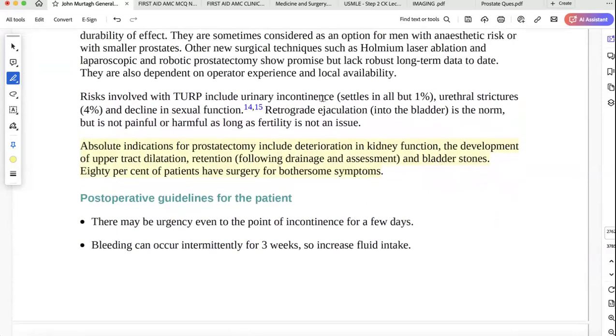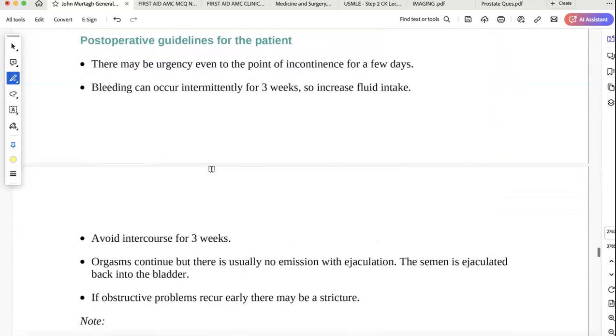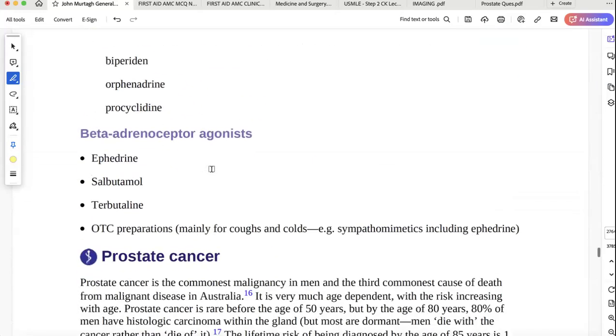The problem with TURP is that it can cause incontinence, stricture, and decline in sexual health, and retrograde ejaculation is quite normal. So these are the main issues why a lot of people don't want their prostate to be removed. But many of these will get better eventually. So incontinence, retrograde ejaculation, and erectile dysfunction could be the main problem.